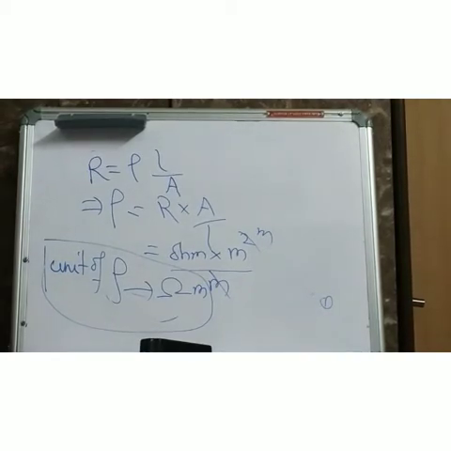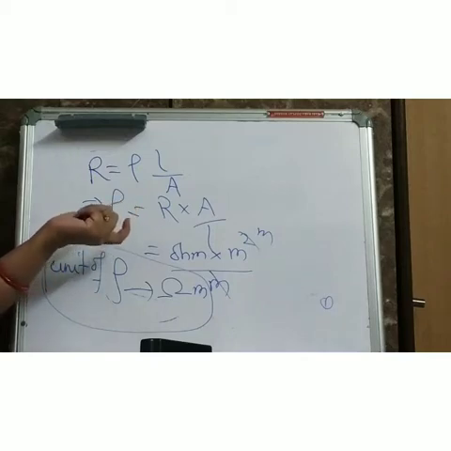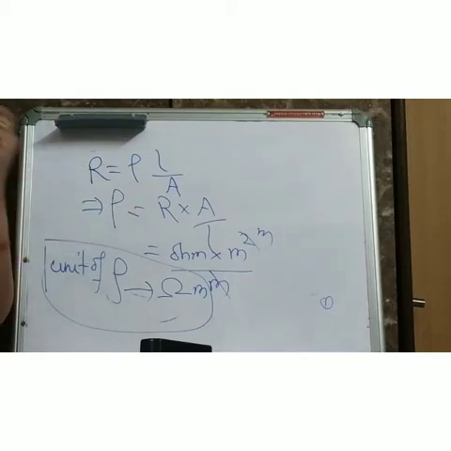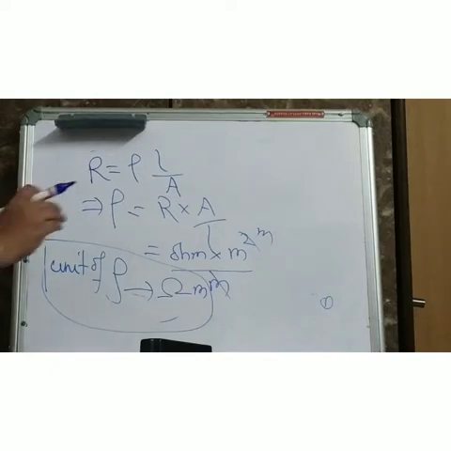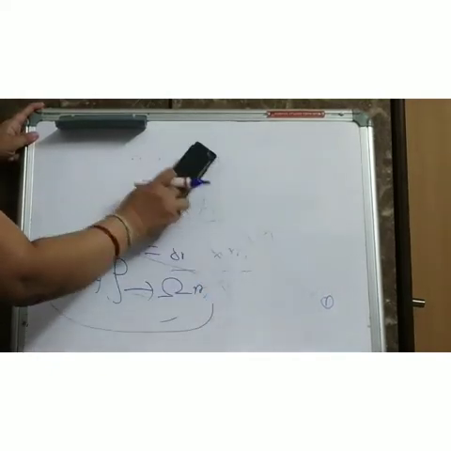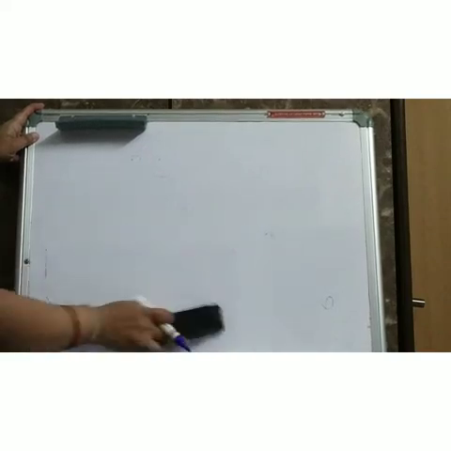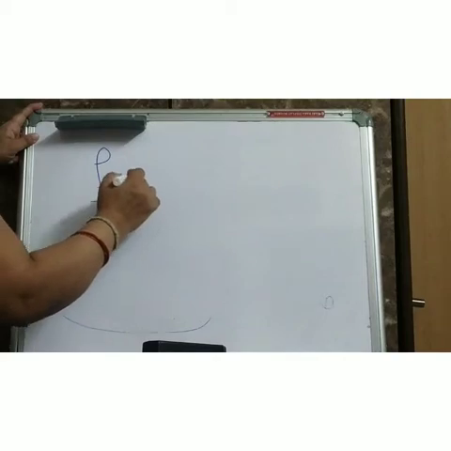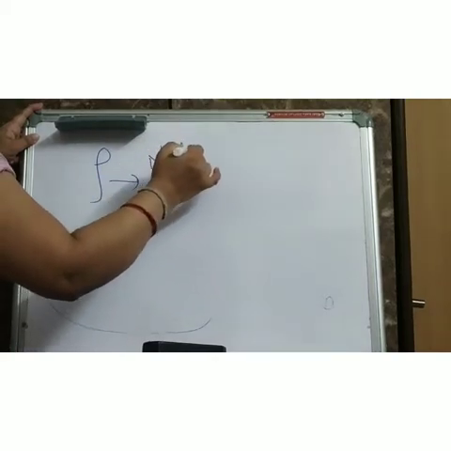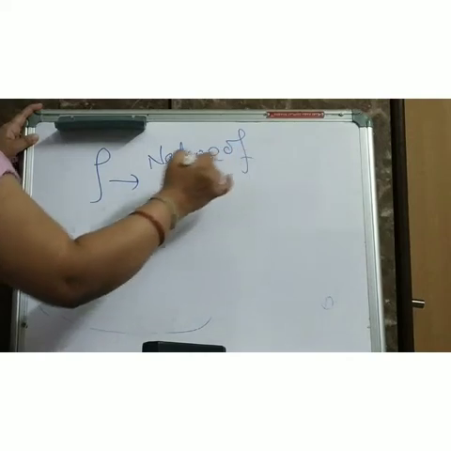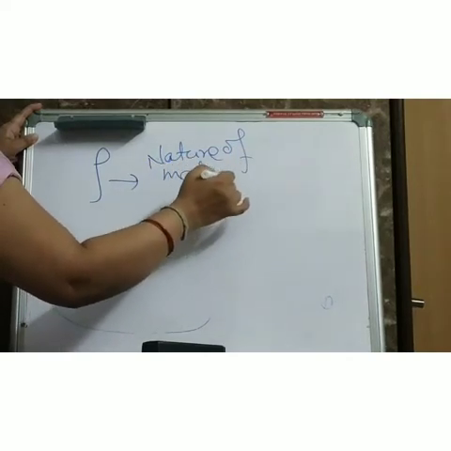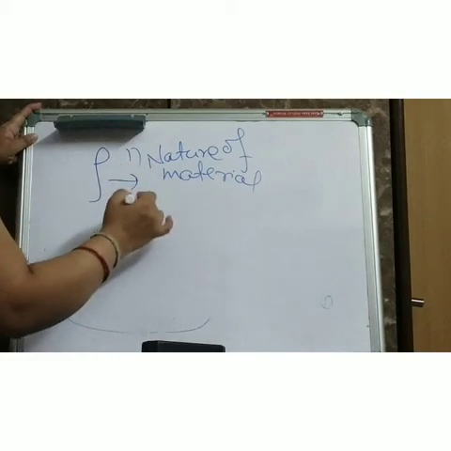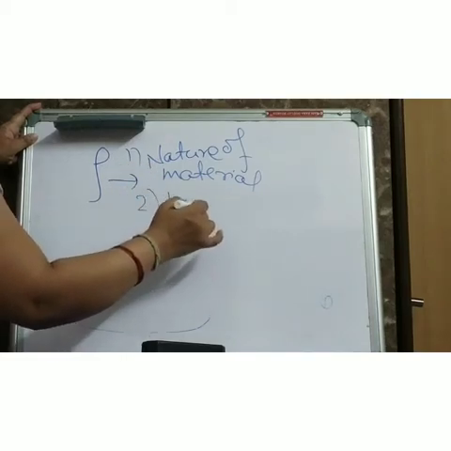Now this resistivity rho depends on the nature of the material and temperature. Nature of material means which material we are using, and second is temperature.